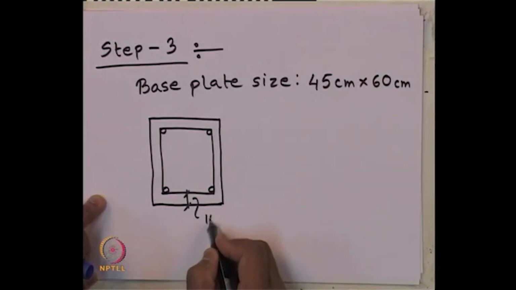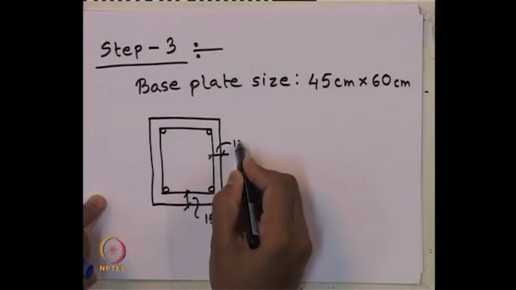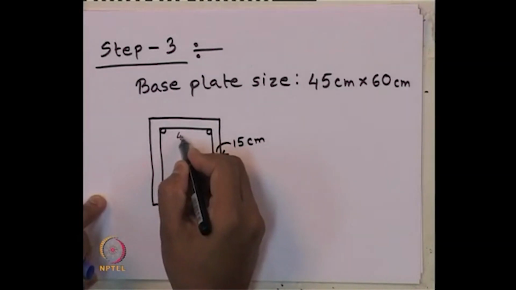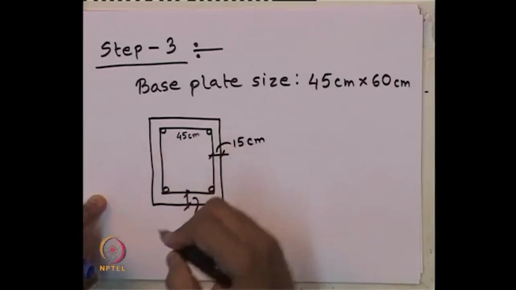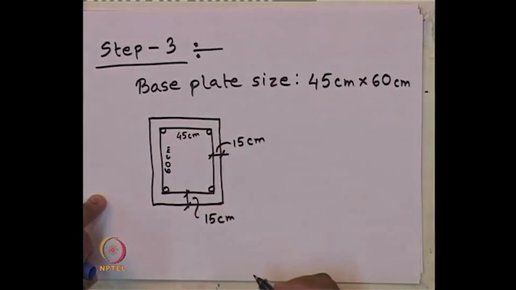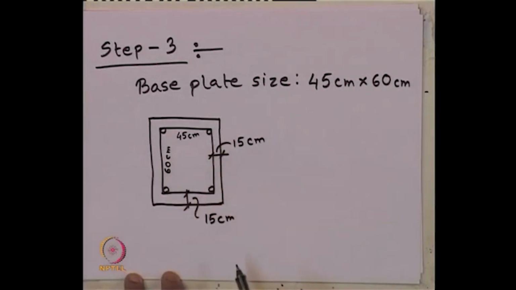So, this is 15 centimeter and this is also 15 centimeter, whereas this dimension is 45 centimeter and this dimension is 60 centimeter. Okay? This is the minimum area required, remember. We of course can provide bigger area also.